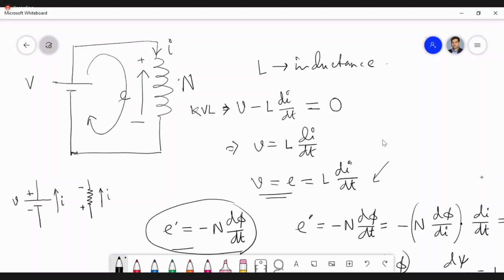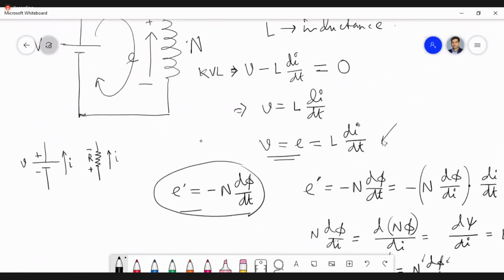So whatever the case, suppose if I assume the current like this, and if the resistance is R, so when we'll write the KVL equation, what we should write for this voltage source? We should write plus V. And for this resistance, we should write minus I into R. Do you know this convention?